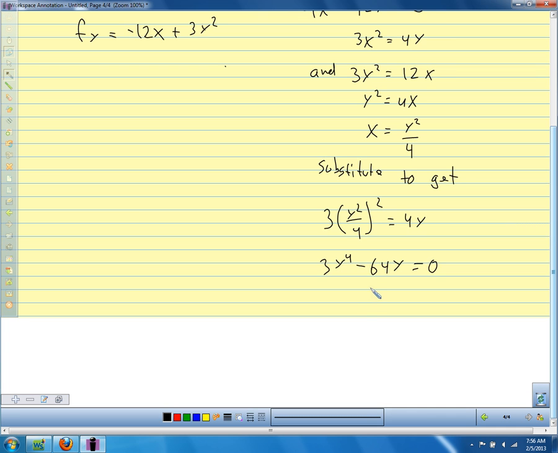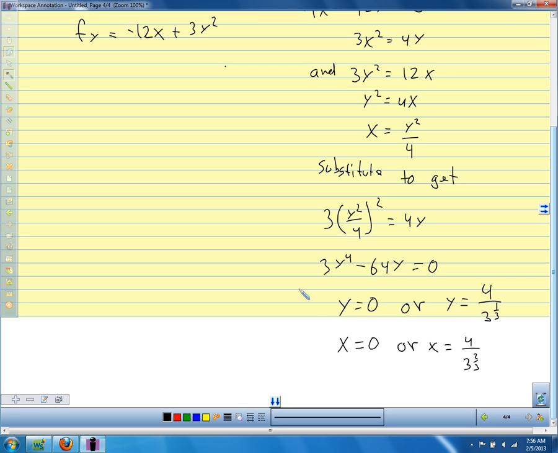I can factor this and solve, and I end up with x equals 0. Sorry, y equals 0. Got ahead of myself. Or y equals 4 over 3 to the 1/3. So I just factor out a y, and I can solve for y. Substitute back into my equation, and I get x equals 0, or x equals 4 over 3 to the 2/3.